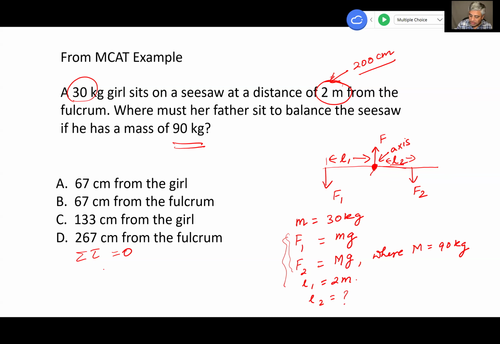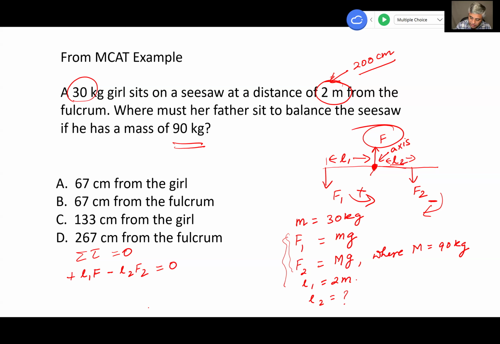Okay. So how do I do it systematically? So L1, F1, this is trying to rotate counterclockwise, so this is positive, and that is trying to rotate clockwise, so negative. So L2, F2. And this one does not produce any torque since we are choosing the axis over there.